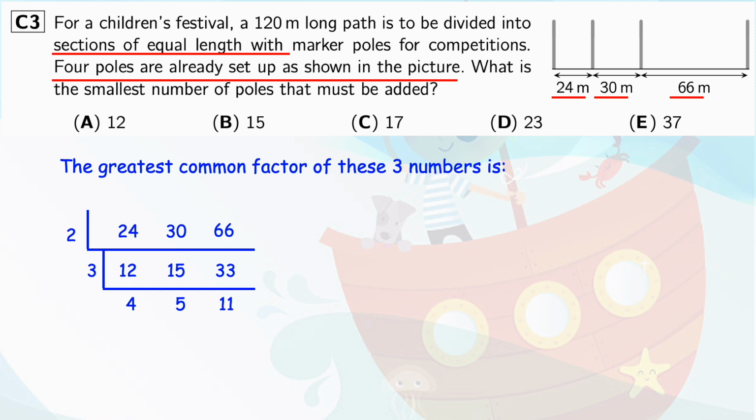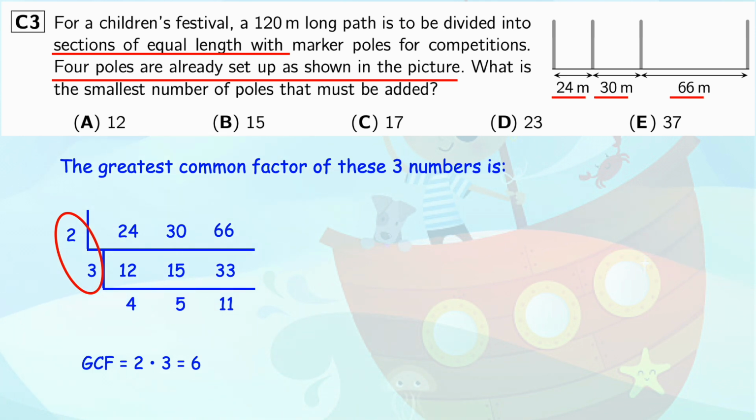Here it is 2, and we write the quotients straight below. The quotients 12, 15, and 33 have a further common divisor of 3. Then we factorize them further until 4, 5, and 11 are coprime. Now we know that the GCF is 6.